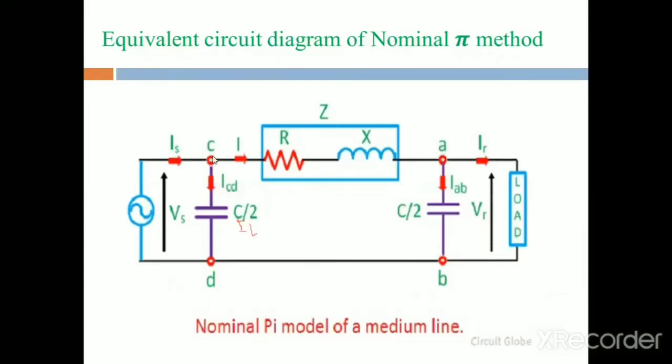The entering current at point C is IS, and the leaving currents are IL plus ICS. Then that IL is the entering current to node A. Then IL is equal to ICR plus IR.